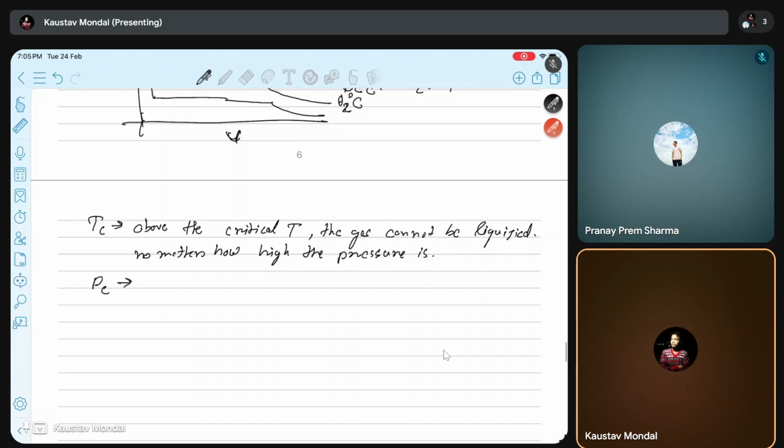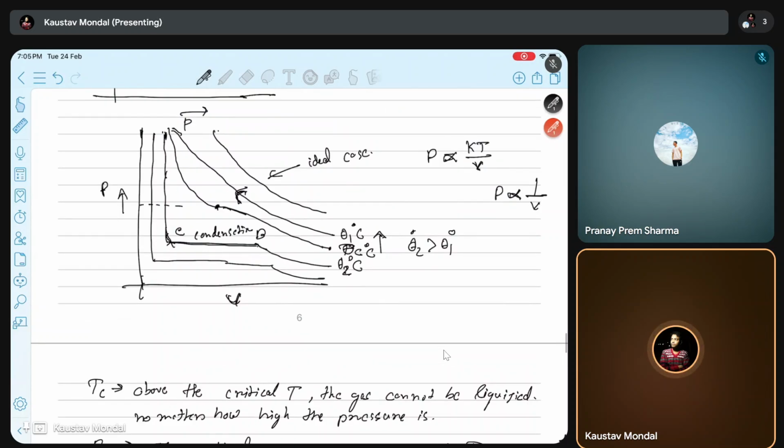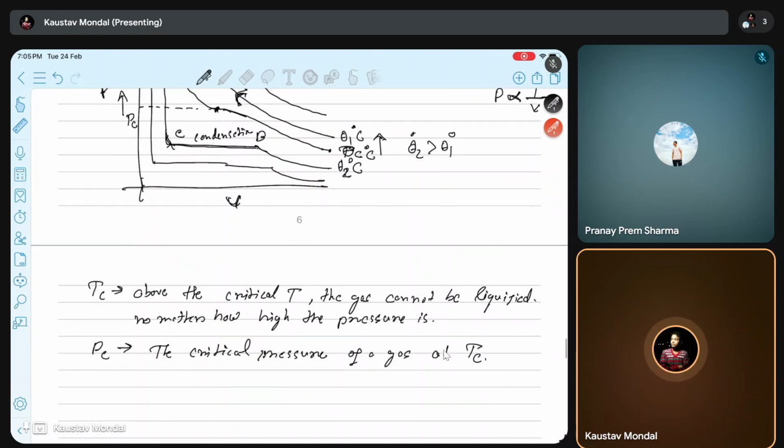This is the critical pressure of a gas at Tc. So Tc is basically this temperature, and this pressure is known as the critical pressure.